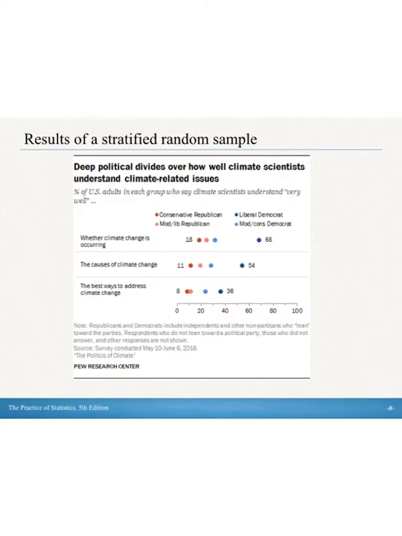Here we have an example of a stratified random sample in the results. The strata that were chosen were political alignment: conservative Republican, moderate Republican, liberal Democrat. I'm not going to communicate what this shows, but very often when they're looking at what people believe about things, they're going to break you up by where you live or your party affiliation or something like that.